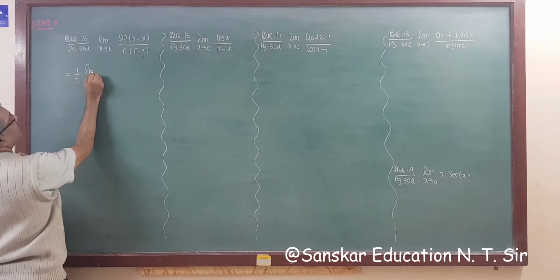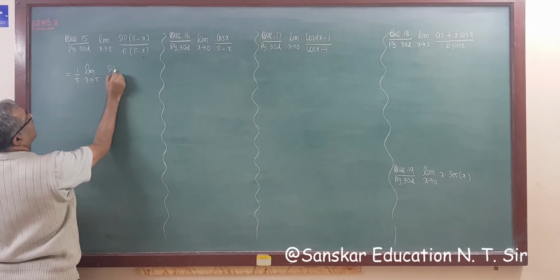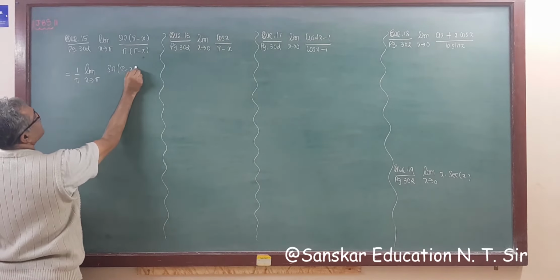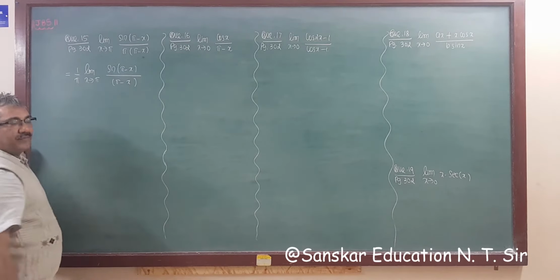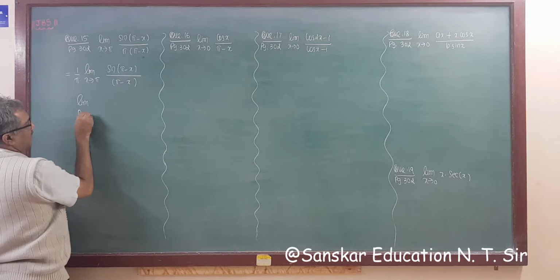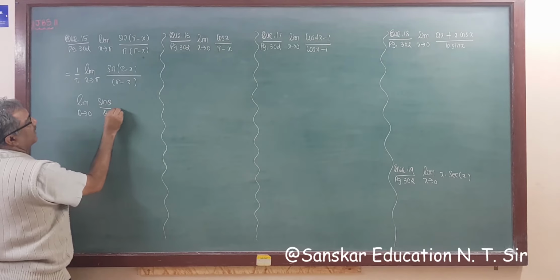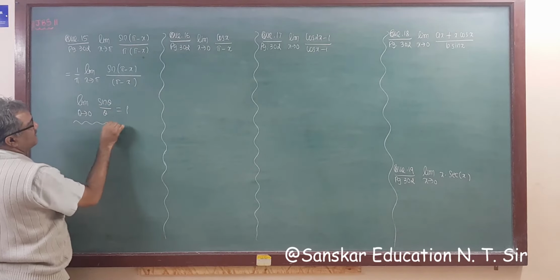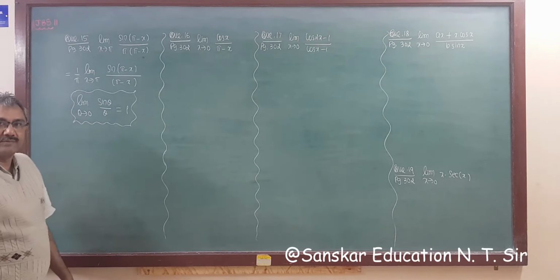Now this is limit x tends to pi, sine of pi minus x whole upon pi minus x. Now we have one formula: limit theta tends to 0, sine theta upon theta, answer is 1. This is the formula we have, right?